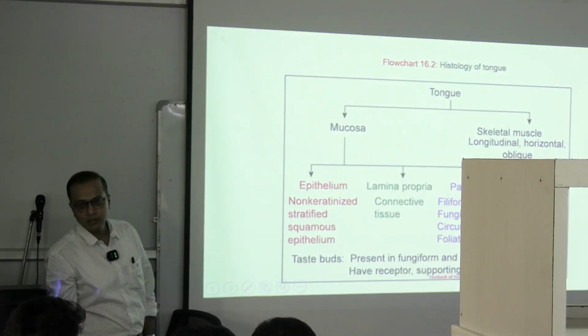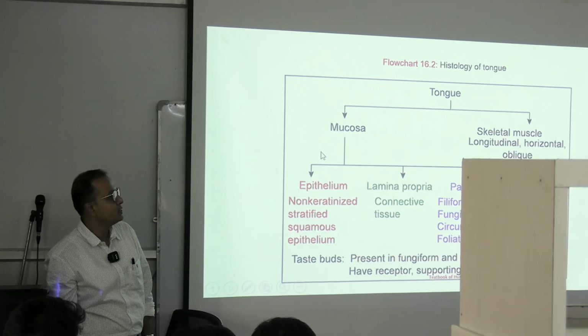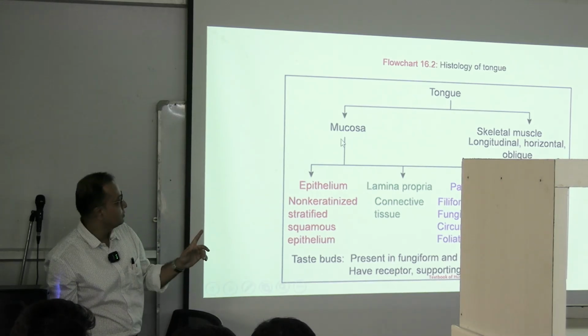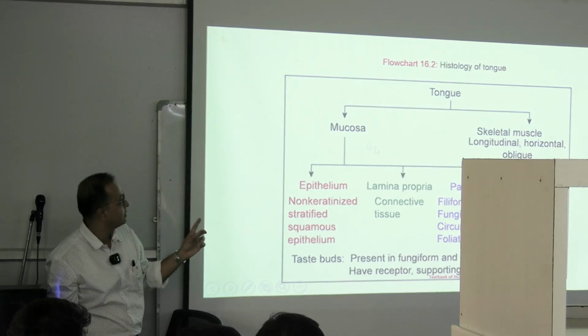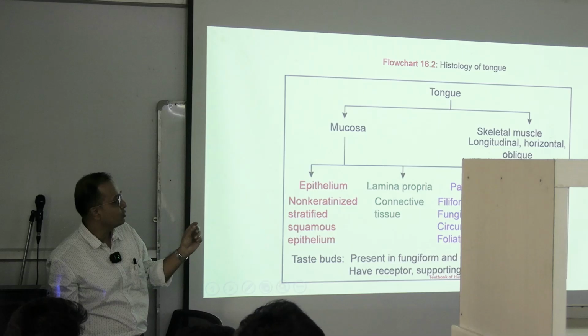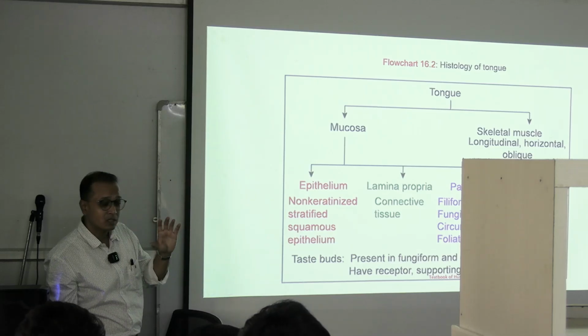So, to summarize, the tongue has 2 basic components, mucosa on top of skeletal muscle, in which plentiful, differently directed fibers are there, clear? This mucosa has epithelium, that means cells, plus lamina propria. Under it we have glands present in a small submucosa, a very thin skinny layer under the mucosa, but we do not have much space there.